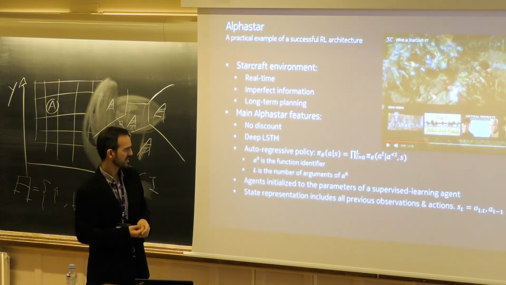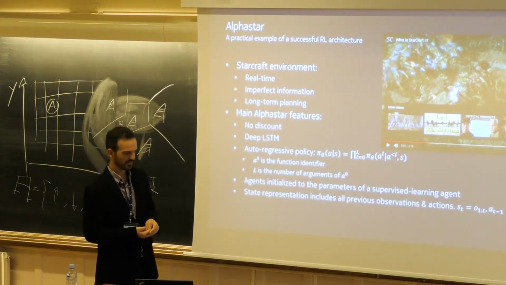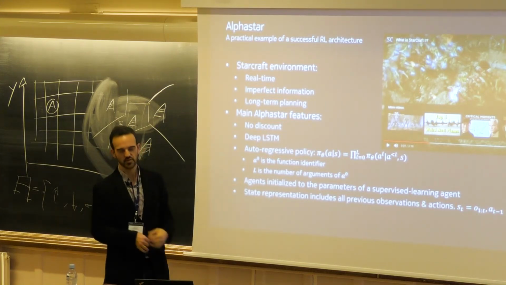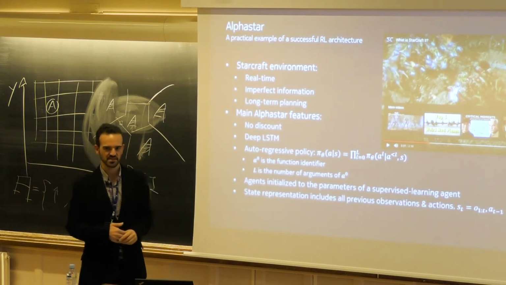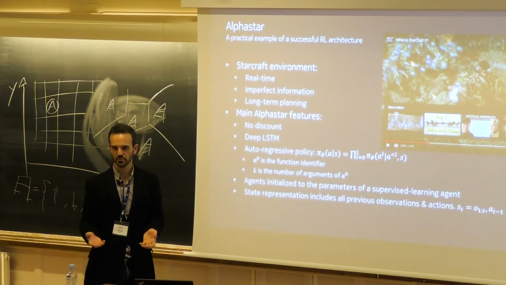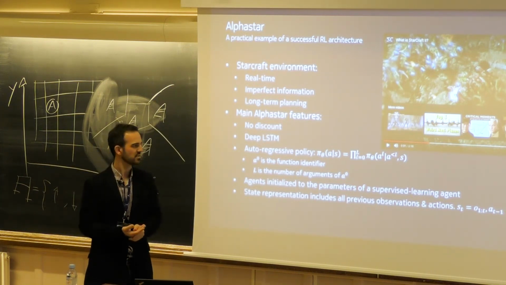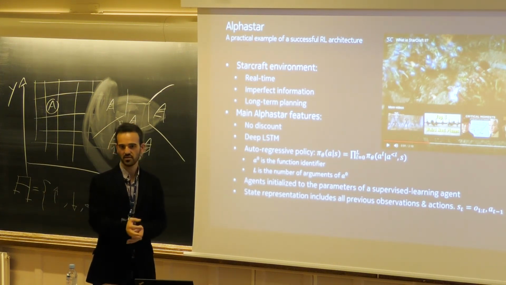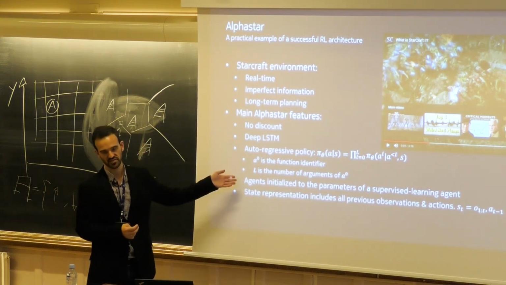Another thing they did is that they use supervised learning for initializing the agents. I think this is sort of a trick. If you remember the AlphaZero paper, which was famous some years ago, AlphaZero was really a tabula rasa technique, which meant that the software didn't know anything about Go when it began training, but this is not the case for AlphaStar.